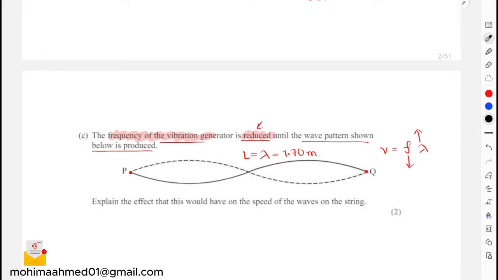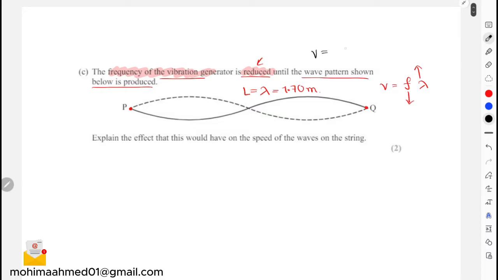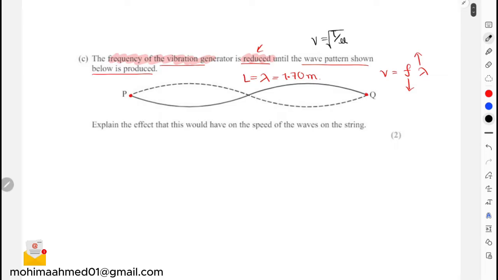If there is no change in the tension and mu, then your velocity will not change either.